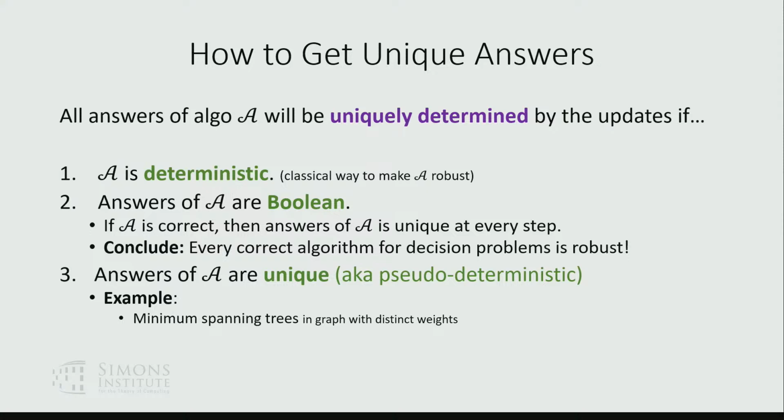And the minimum spanning tree, at least in a graph that has distinct weights, is unique. So in this case your answer is unique from the definition, or you might return the lexicographically first one, or for any problem. If that is the case, then you are robust. So any of this is robust.